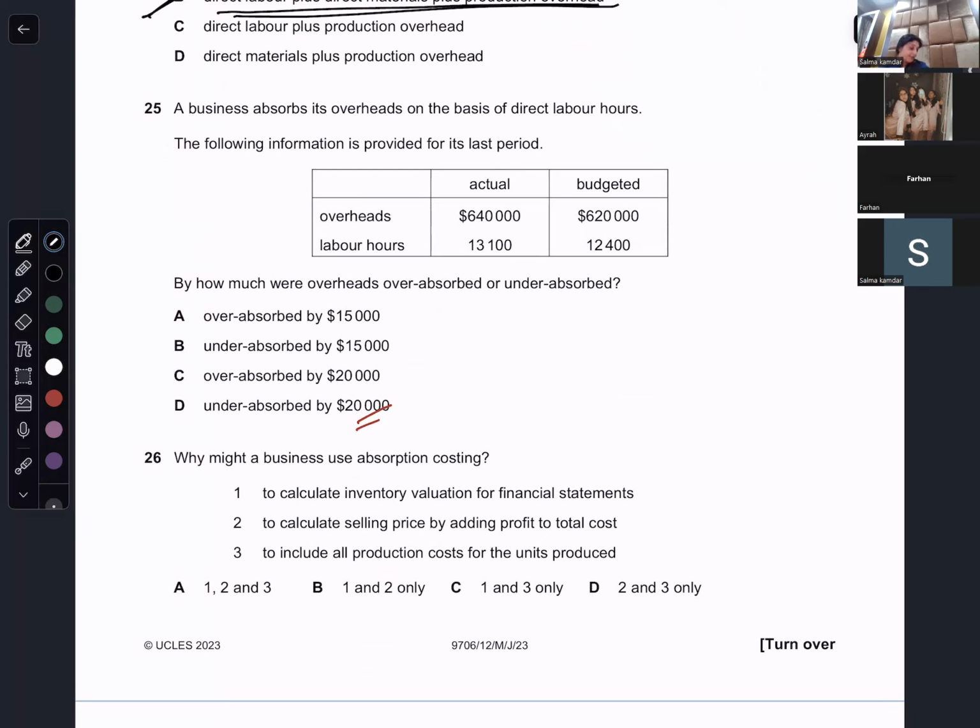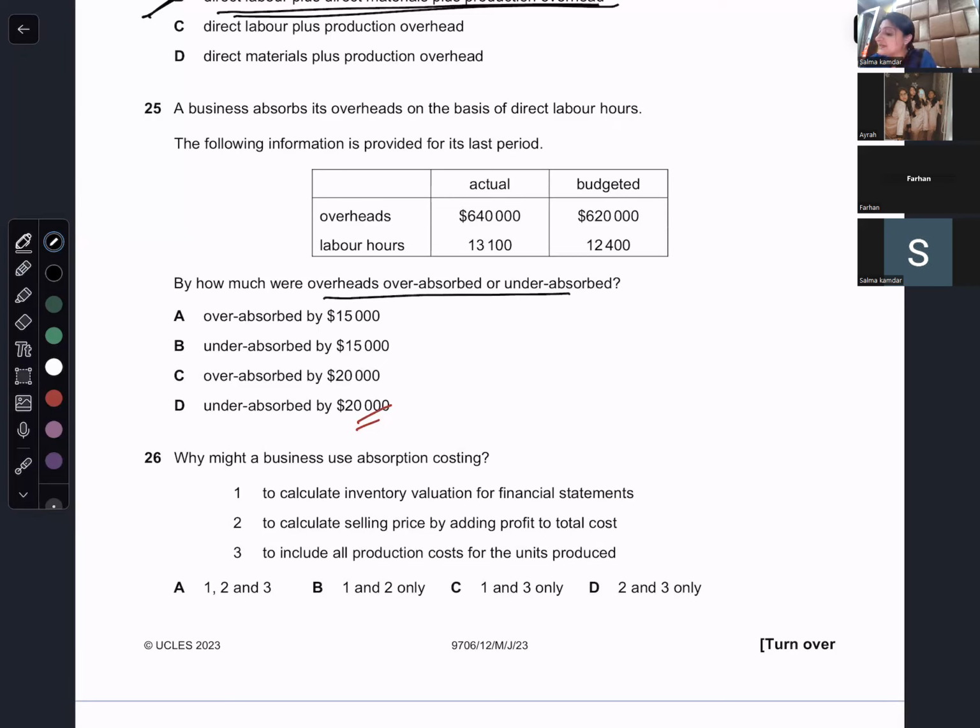Yes, Ira, please read. Why might a business use absorption costing? To calculate inventory valuation. Overheads, over absorbed or under absorbed? Actually, I thought we were doing the 25th one.